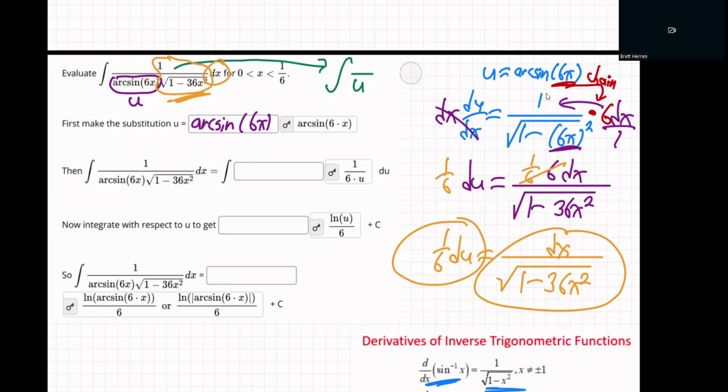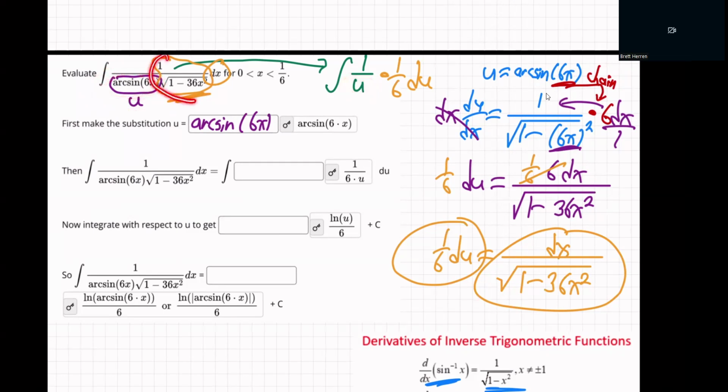So let's go back here. It's 1 over u times 1/6 du. Did that make sense? Let's make sure this makes sense. So I just took this integral and rewrote it. The arc sine 6x, that's u, so that's on the bottom.